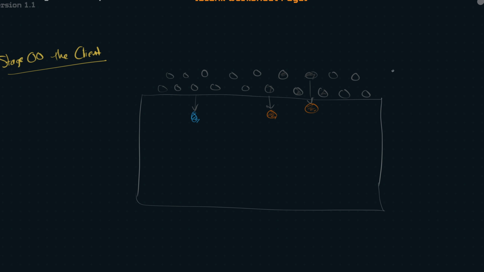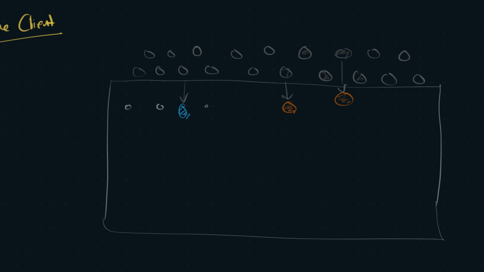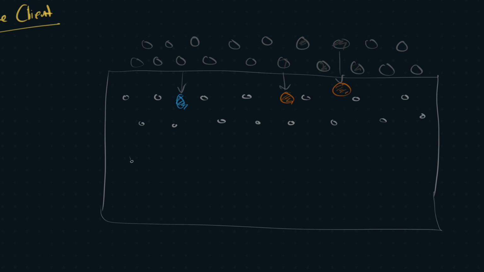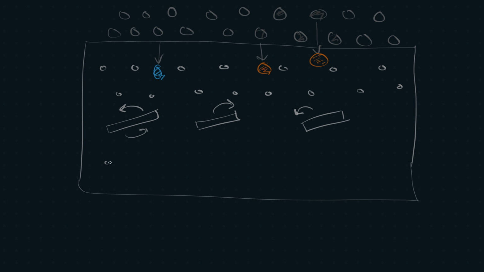And as they fall, they're going to start interacting with maybe some shapes, some pegs, some static objects, so some ones that aren't moving, and then maybe some wheels that are spinning. And we've got a couple different ones that spin different directions. Maybe there's one down here.